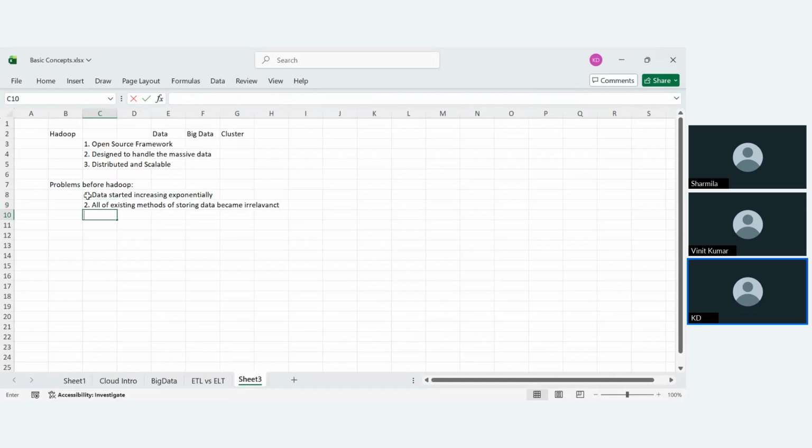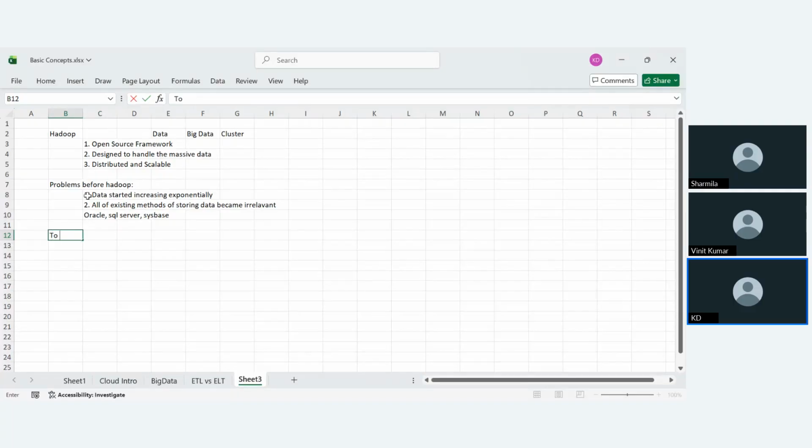In the older age, data was stored with Oracle, SQL Server, or Sybase. All these systems were meant just to store structured data and not non-structured data.